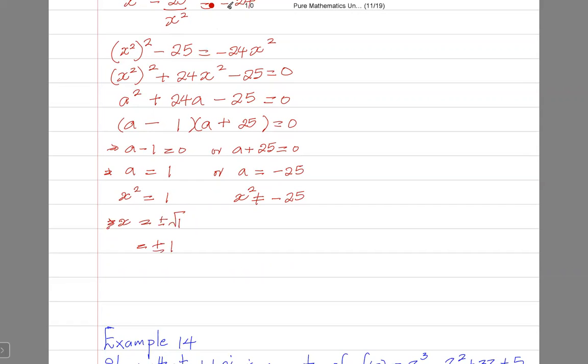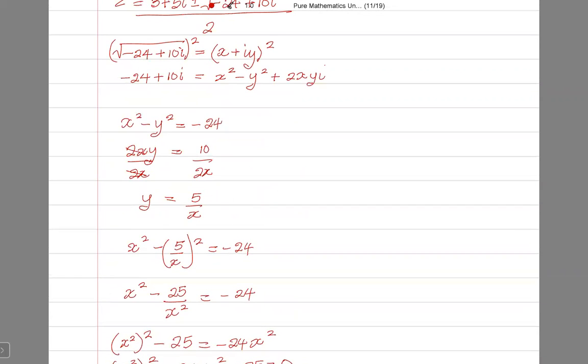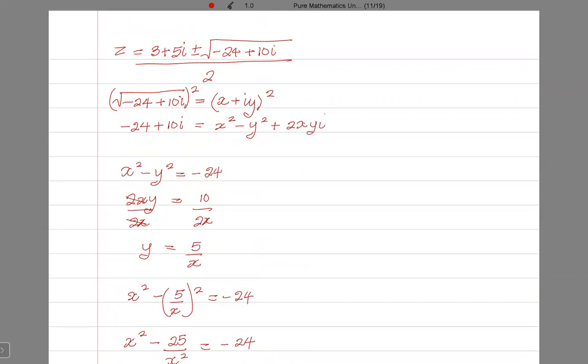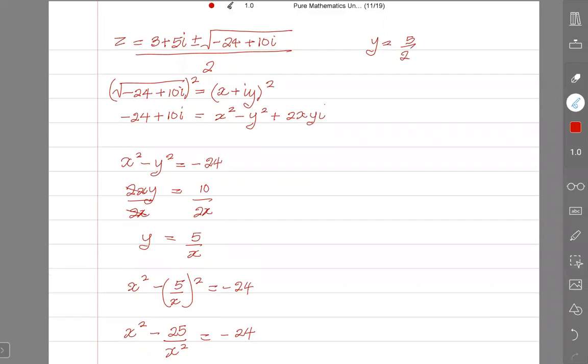So I have the values for x. What I need now are my values for y. So remember that y is equal to 5 over x.